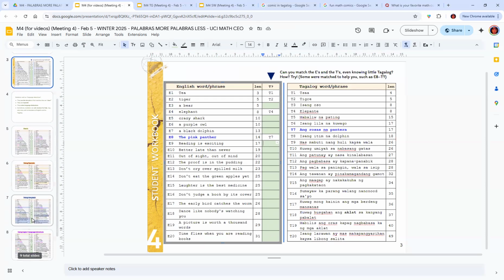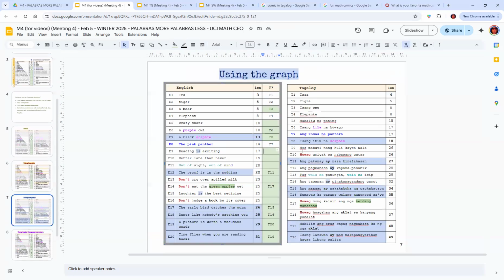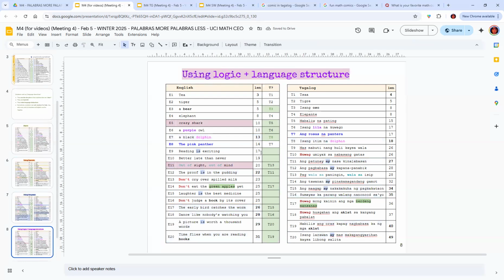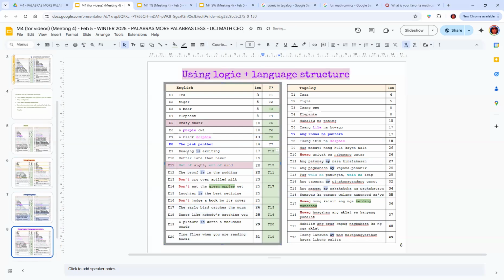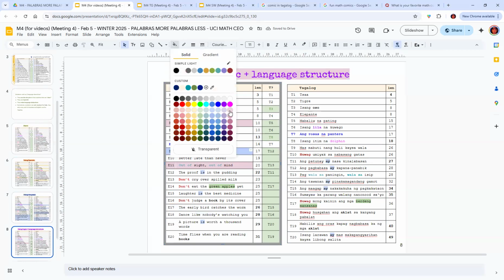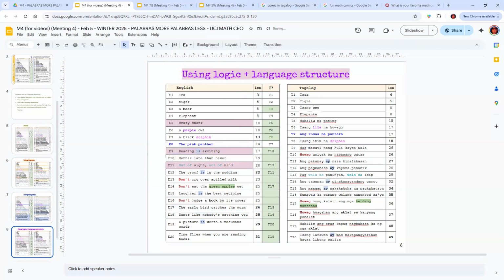That should be the other T, right? T12. So these all mark also T12 in the graph, in the structure. Reading is exciting. So let me also mark it, because this was just basic logic. So you're missing the logic and the language structure.